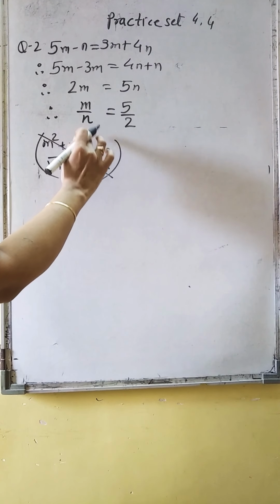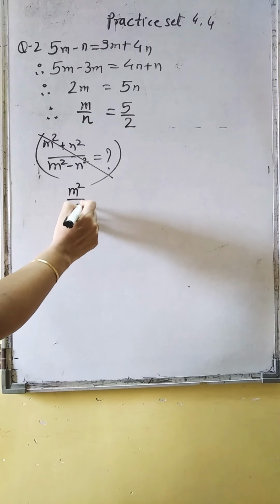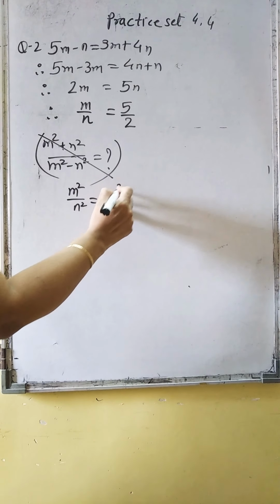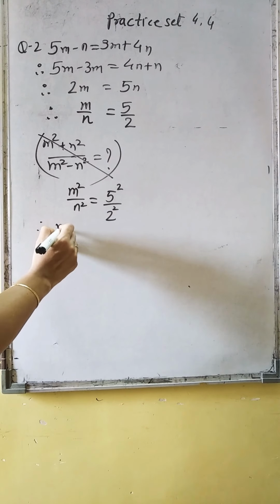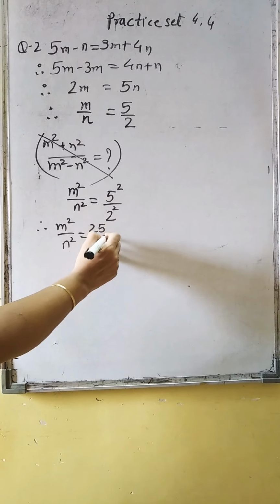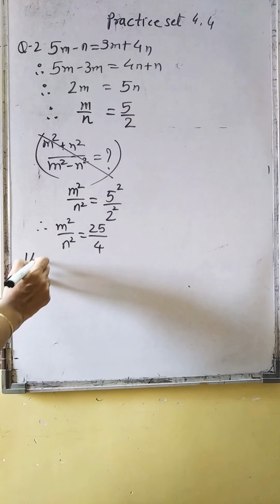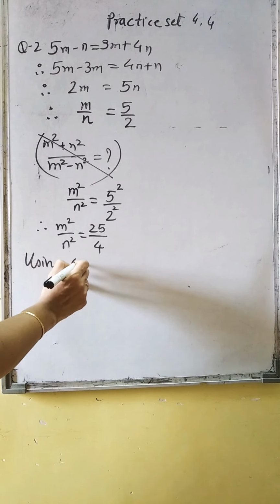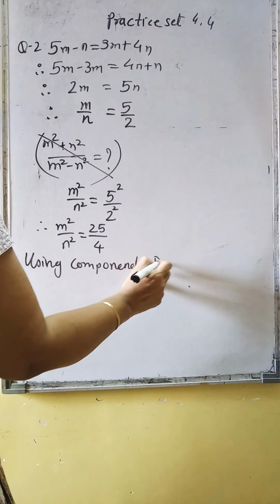So you have m upon n is 5 upon 2. So what is m square upon n square? It will be 5 square upon 2 square. So therefore m square upon n square is equal to 25 upon 4. So the square is found. Then what you will do? Using componendo dividendo.